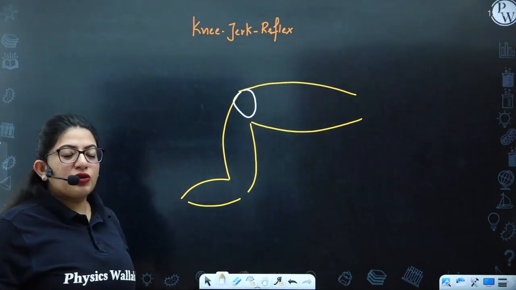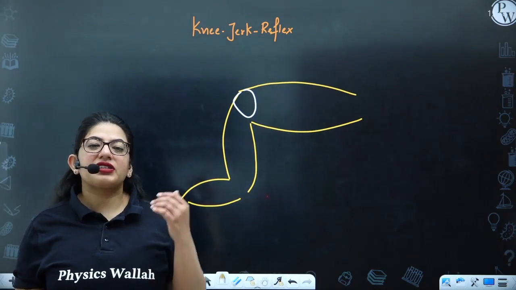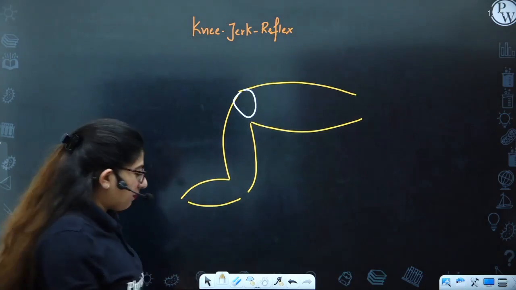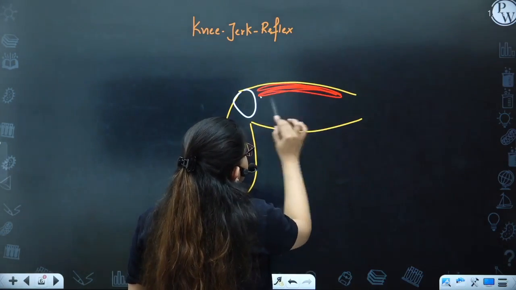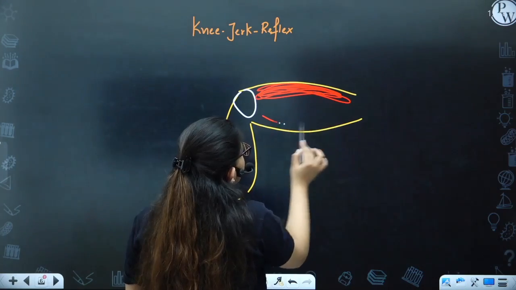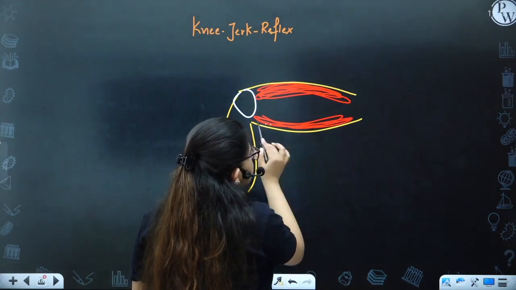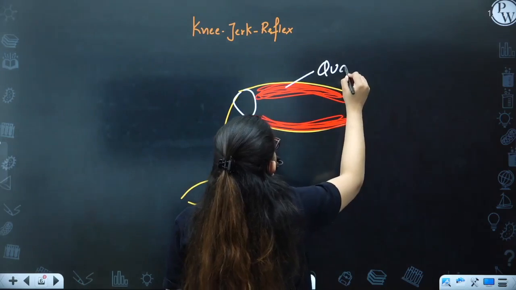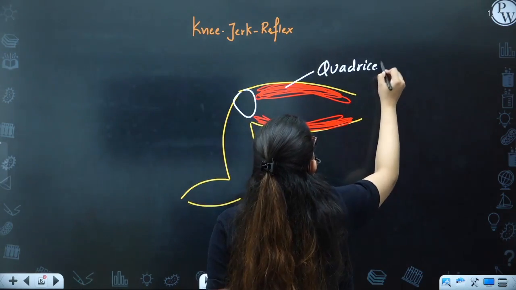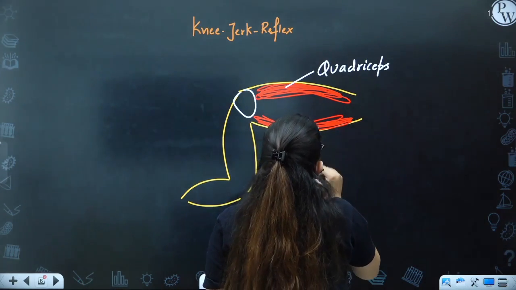First of all, let's see what are the various muscles present in your thighs. So here we have muscles known as quadriceps muscle. And here we have muscles known as hamstring muscle. This muscle is quadriceps, and this muscle is hamstring.